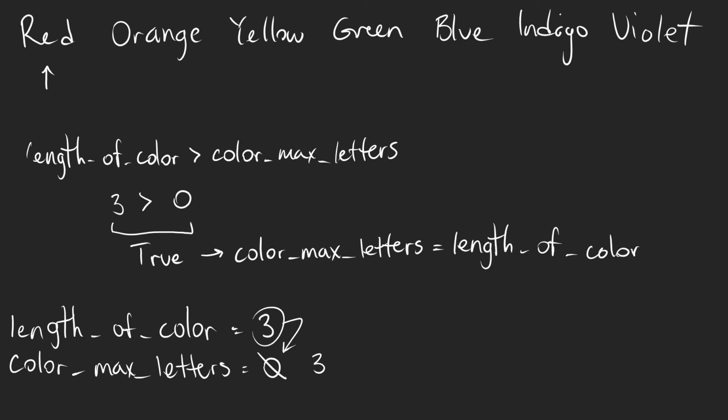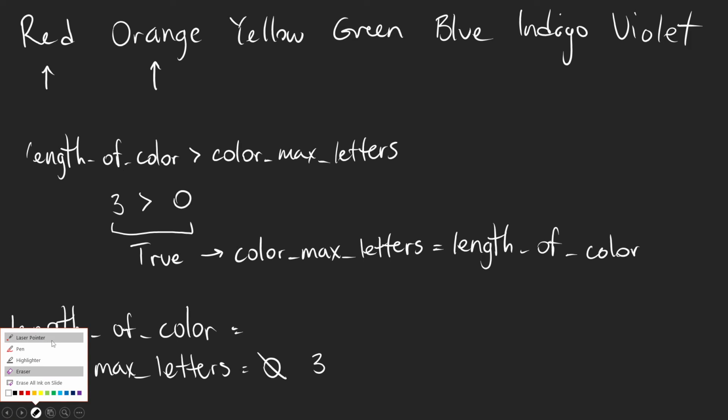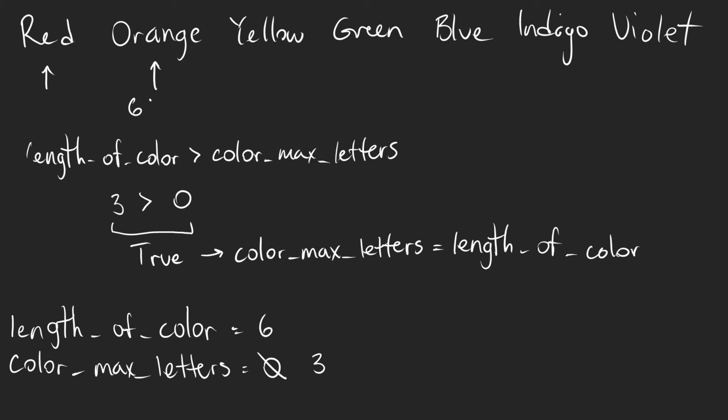Then we move on to the next item in the list, orange. Well, the length of orange isn't 3 anymore. It is 1, 2, 3, 4, 5, 6. Then we ask the question again. Is 6 greater than, so the color max letters is now 3.